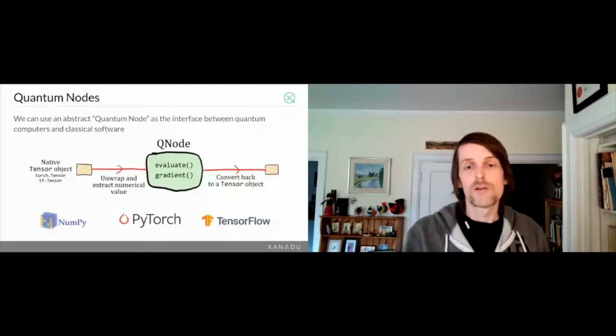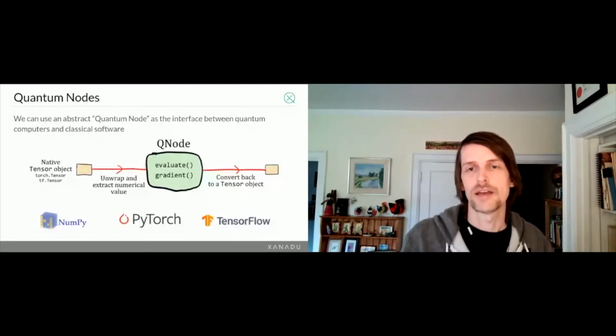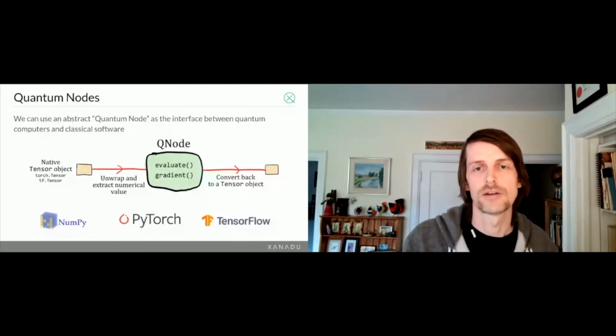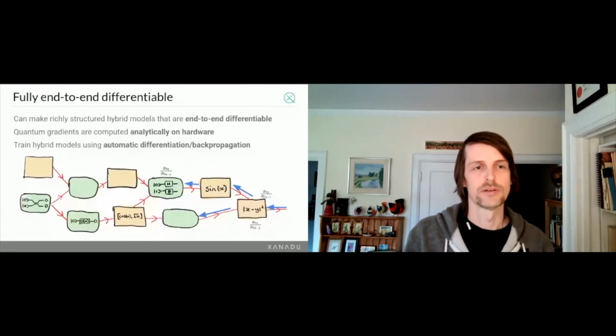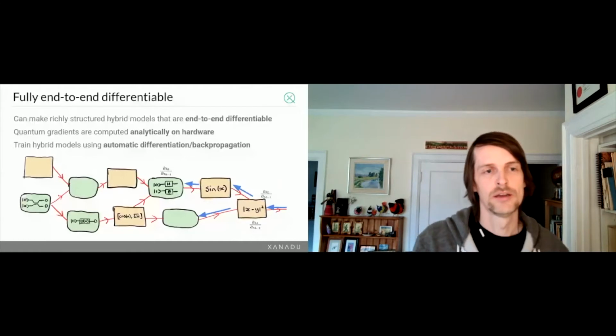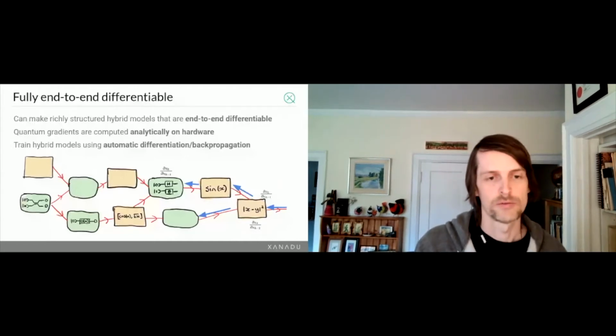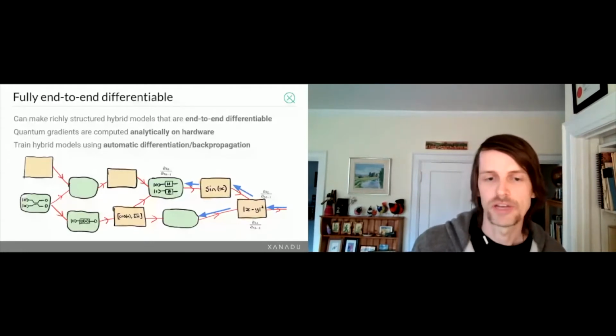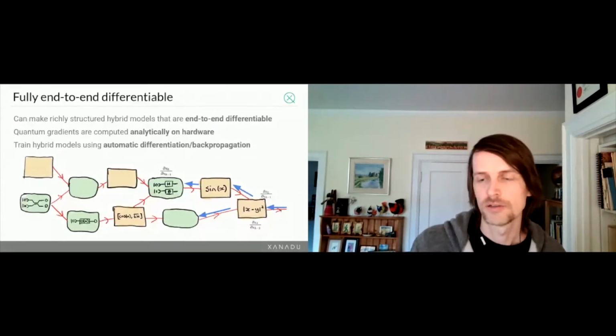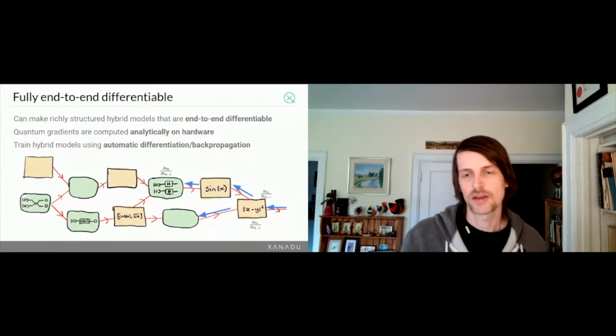So this is actually all of the pieces we need to make fully end-to-end differentiable hybrid models in classical machine learning tools that connect to quantum computers. And it can all be done automatically. So in classical machine learning, we have this backpropagation algorithm. What backpropagation does is it starts at the last step of your computation and it goes backwards.